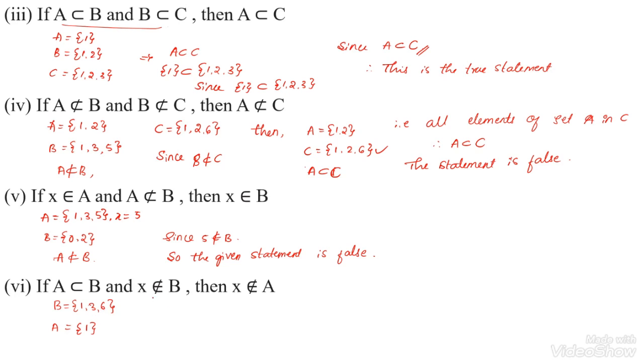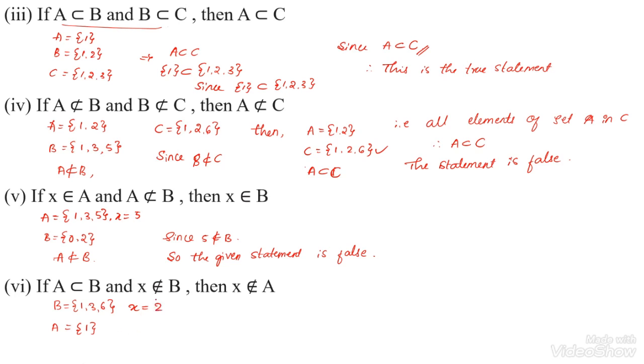Now, X is an element which does not belong to B. Here, I will take any one element other than 1, 3, 6. So X is 2.